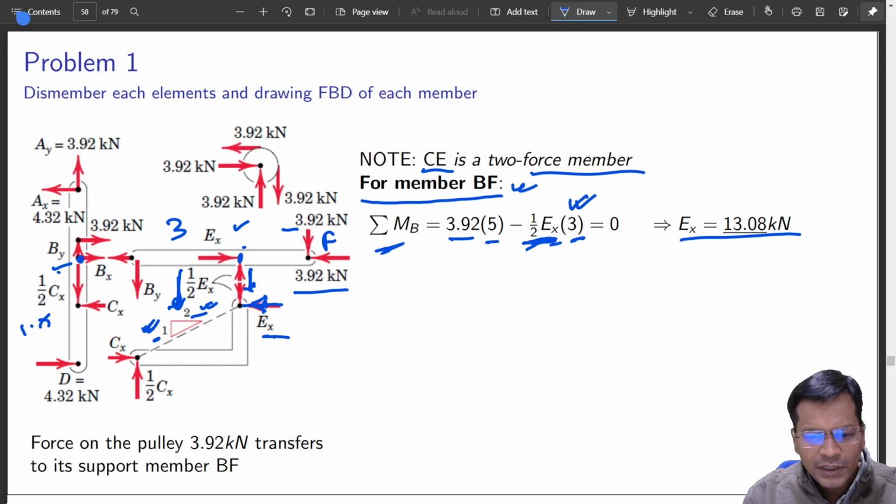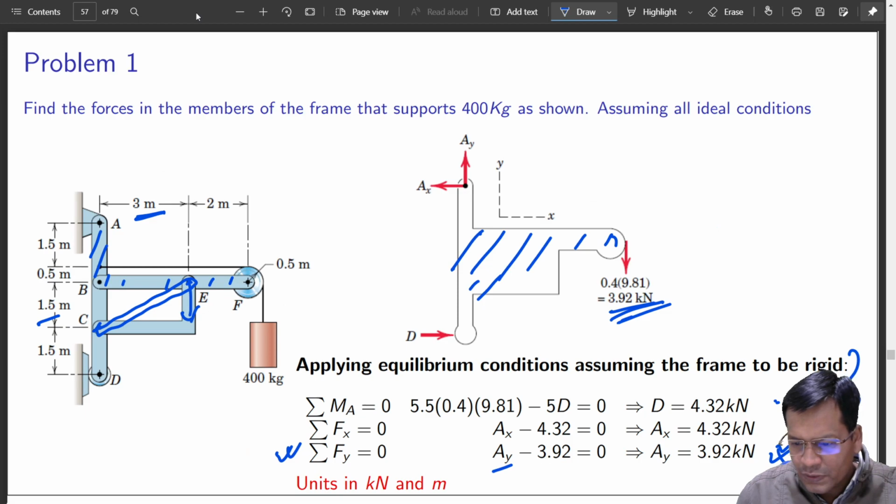Forces at the pulley are balanced. 3.92 into 5 it is taken. Yes, but we have not considered it here. I don't know. Just a sec. We have to consider it. Actually, this has to be 0.5 because it acts at this point and it is a significant distance.